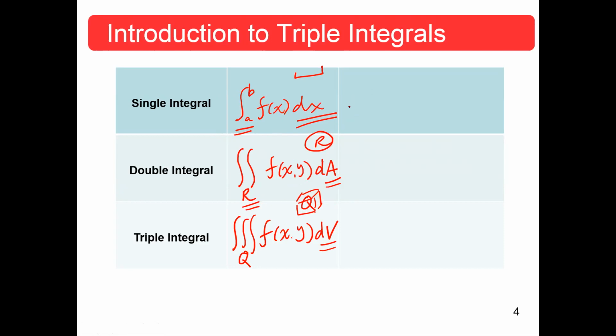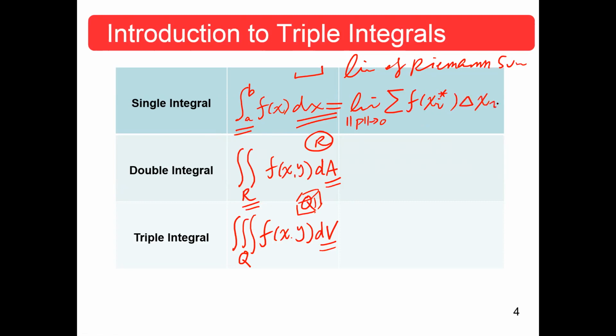Let's also guess the definition, which is about the limit of the Riemann sum. In the single integral, we know this integral equals the limit as the partition norm goes to 0 of the sum of the function value at a specific point that you have selected, times the change of x sub i, delta x i.